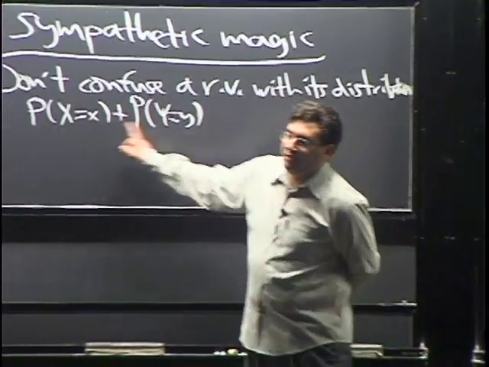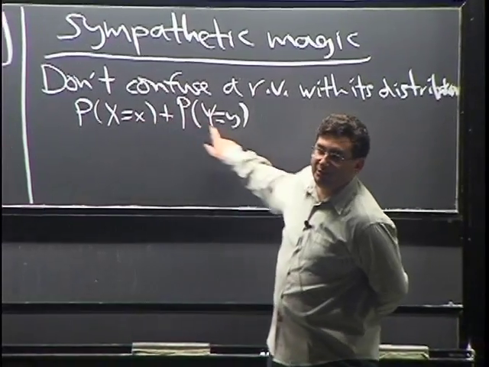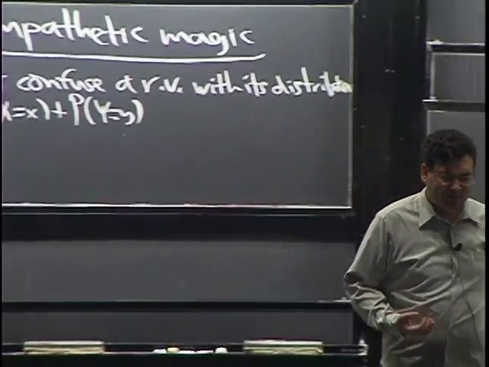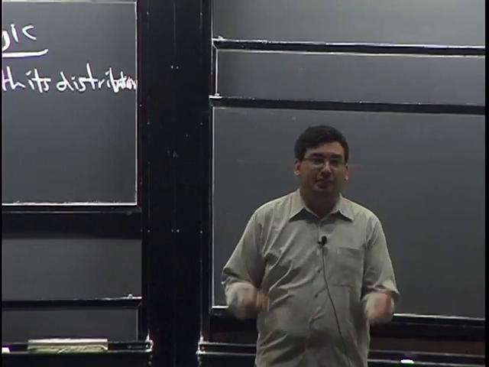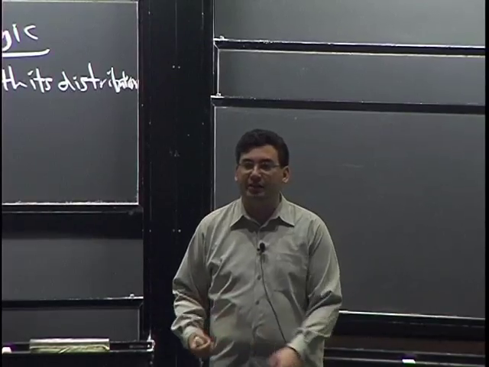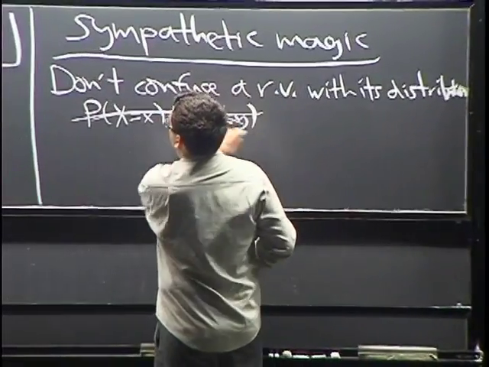That could easily exceed 1. And secondly, this thing is a function of little x and little y. But if we want the PMF of X plus Y, then we're thinking of X plus Y as our random variable, so we should have a function of what's the probability that X plus Y equals little t, or something like that. So you can't do things like that.